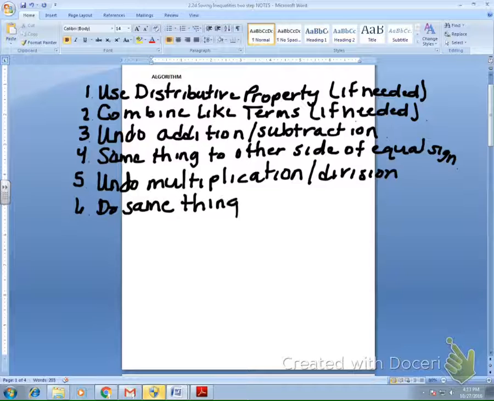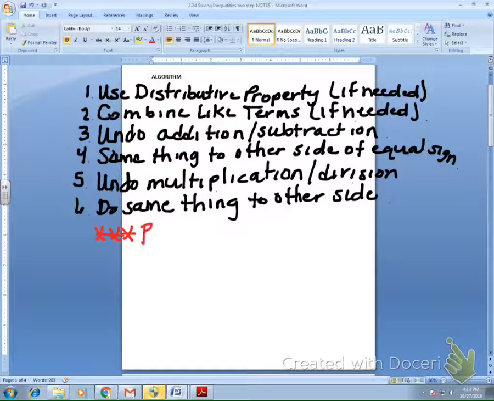Remember, algebra is all about keeping everything fair and equal, balanced. And then I'm going to put a little caution, so this is important, and I'm doing it in a different color and I'm starring it.